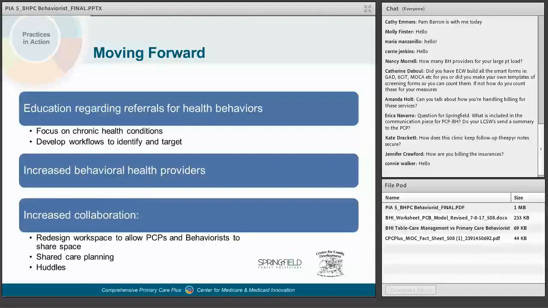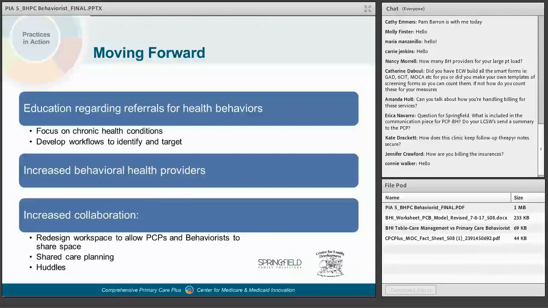We're really trying to figure out how to develop workflows and target those patients in order to get behavioral health providers involved. We've gotten very good at identifying mental health issues and bringing in the behaviorists for that, but I think our next step is really to focus on the unmanaged chronic health conditions.